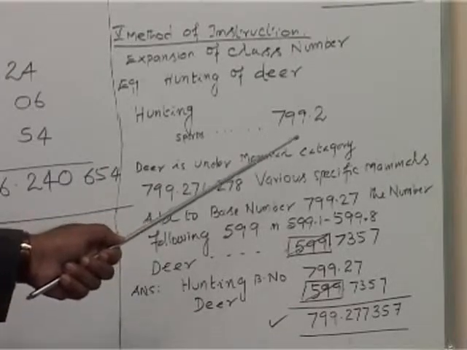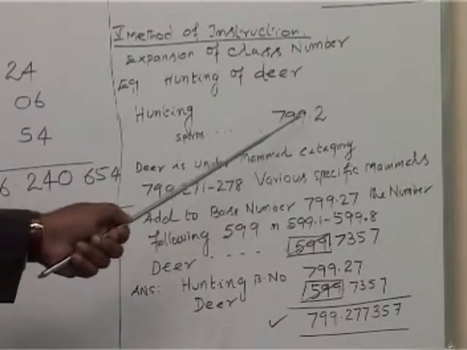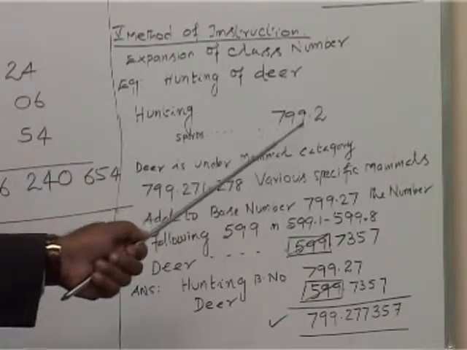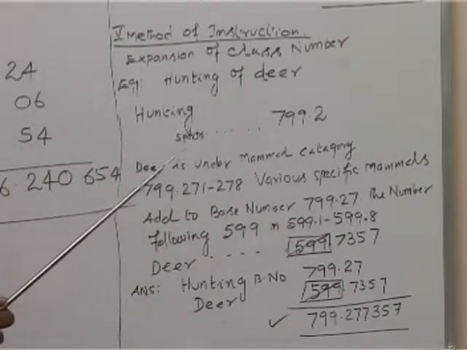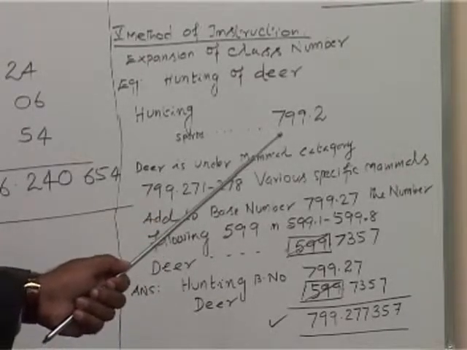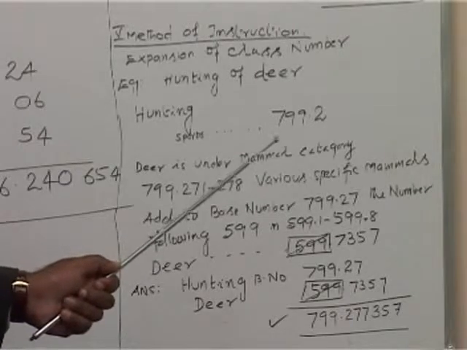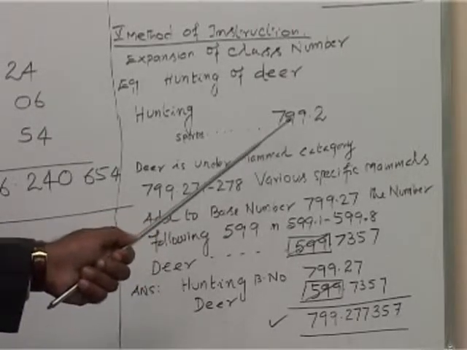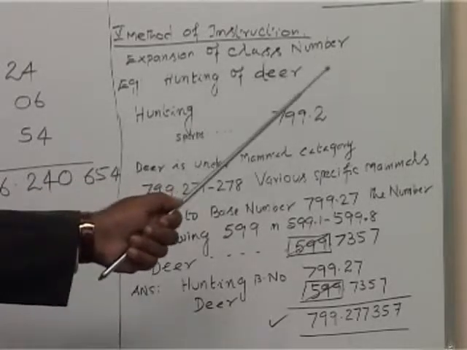799.2 is the hunting. Now when you enter into the schedule, you can find 799.2 is nothing but hunting, but you cannot find any asterisk mark there. You may not find any other instruction there in 799.2. That is the purpose. Now we can use this method, expansion of class number.